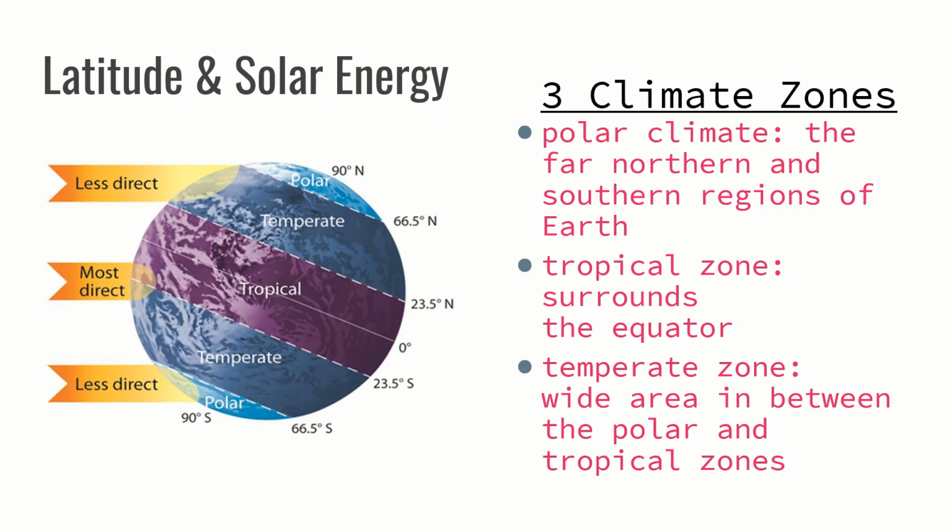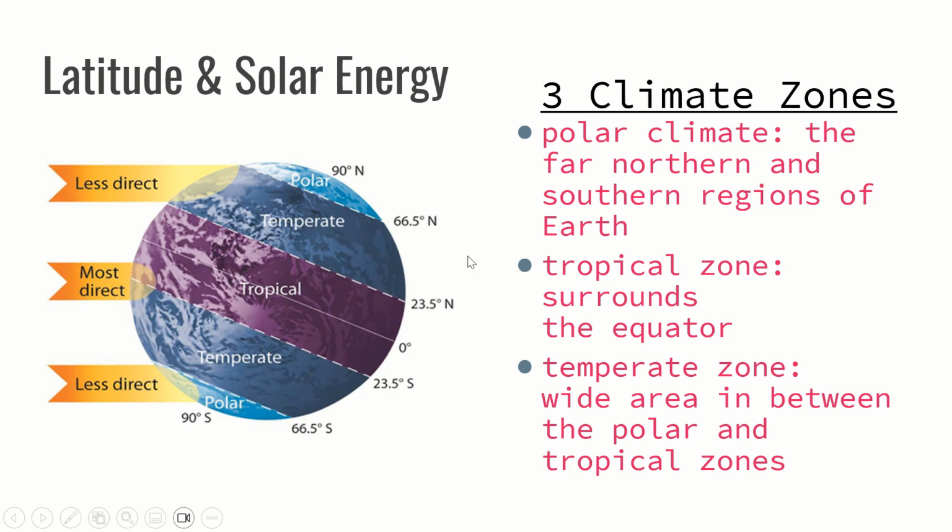And so the result of that is that we have 3 climate zones. The polar climate are the regions from the far northern and southern regions of the Earth. You can see them shown above the 66.5 degrees north or below the 66.5 degrees south latitudes. And they're going to be the coldest regions.